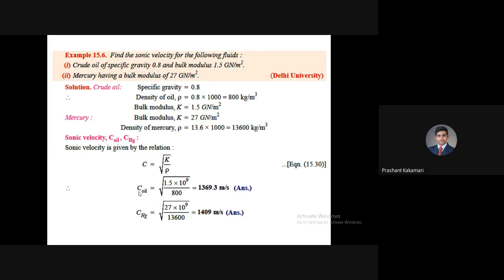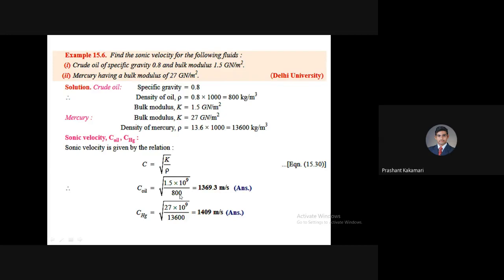So in the oil, the sonic velocity of the disturbance, or the speed of pressure difference in the oil, is given by the square root of the bulk modulus of oil, 1.5 times 10 raised to 9 Newton per meter square in SI, divided by 800.